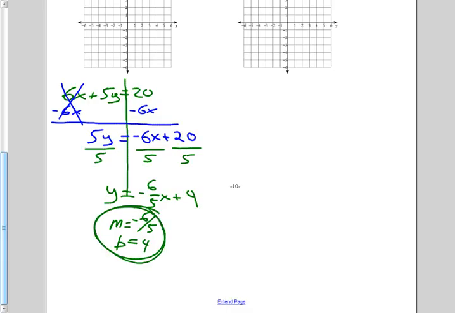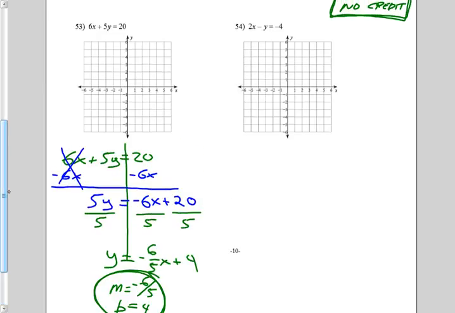So, I come up here, and I start at 4, and my slope is down 6. 1, 2, 3, 4, 5, 6. 1, 2, 3, 4, 5. Down 6 over 5. And you can see on this one, I've run out of room. So this graph would only have 2 points. Graph as many points as you possibly can.